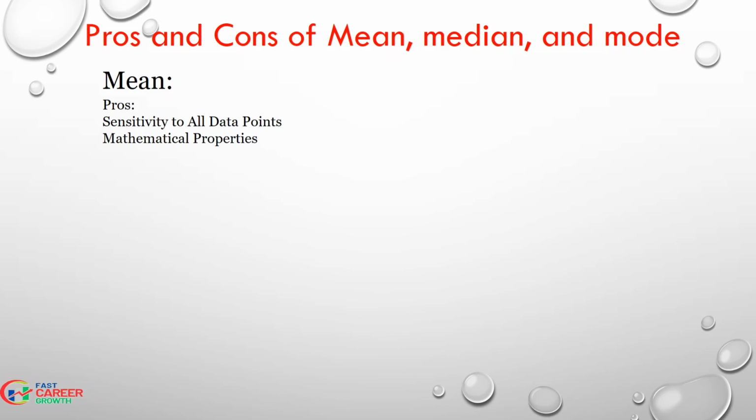Sensitivity to all data points. The mean takes into account every data point, which can provide a precise estimate of the average. Mathematical properties. The mean is often used in statistical calculations and has certain mathematical properties that make it suitable for various statistical analyses.